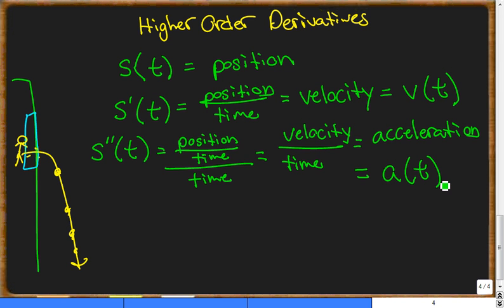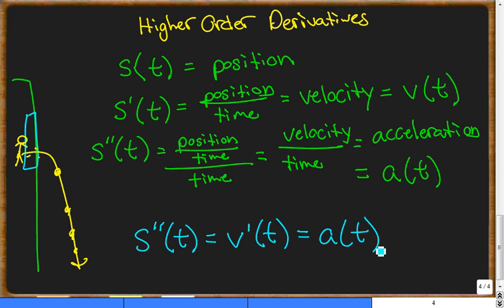So there's another function that we can find, the acceleration function, and that's just the derivative of velocity, or it's the second derivative of position. So they all link in this particular way. So we could say the second derivative of position is the first derivative of velocity, which is acceleration.